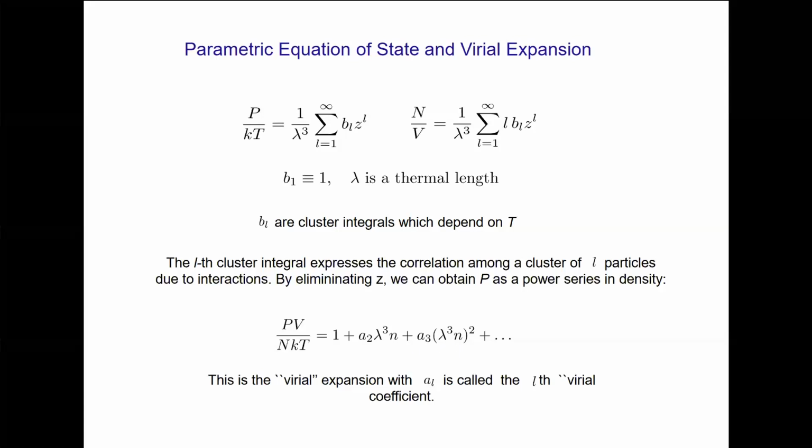When the density of particles becomes high enough, then the system approaches the quantum regime, then this series will simply diverge. And in this case, you need to switch to the quantum description.